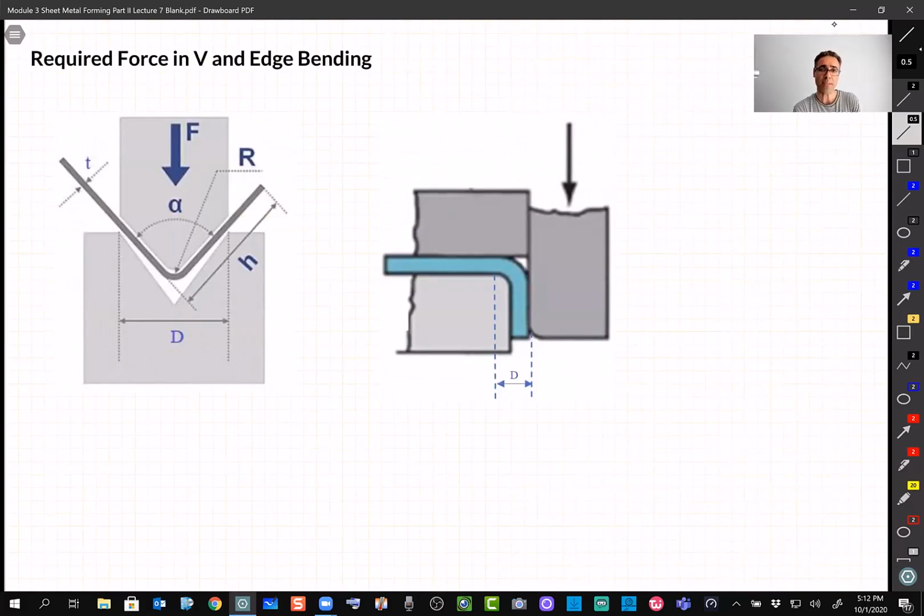Now, the second topic that we have in hand is, now that we know how much we are allowed to bend a plate or a sheet metal, we need to know how much force we need to get to that radius that we want. If you recall from last session, we said that there are two types of bending. One we call V bending because of the shape, and another one we call edge bending.